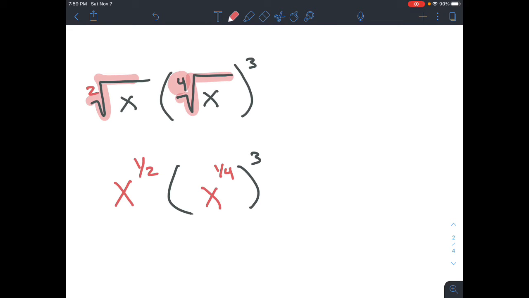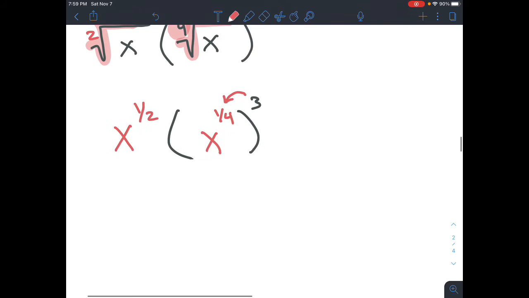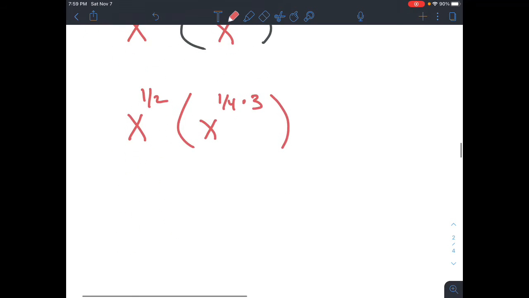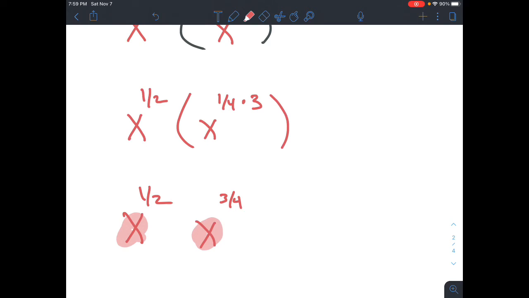Then we're going to apply the power rule between the 1/4 and the 3. So I bring down my x to the 1/2. That's all going to be multiplied by x to the 1/4 times 3, which becomes x to the 1/2 times x to the 3/4. And then, because I have the same base, I'm going to be adding the exponents.